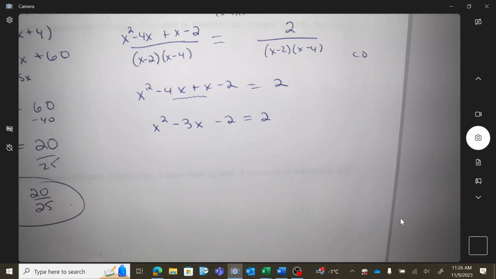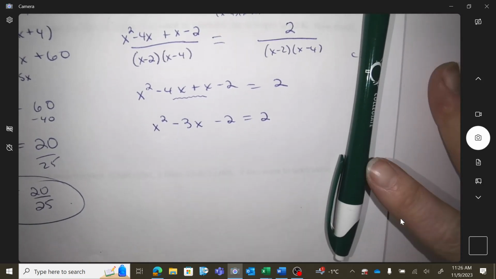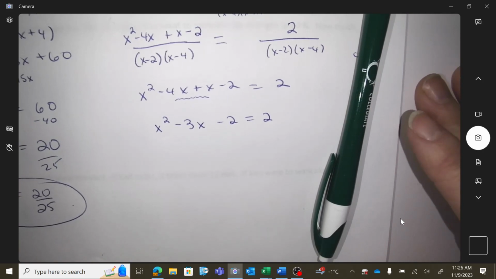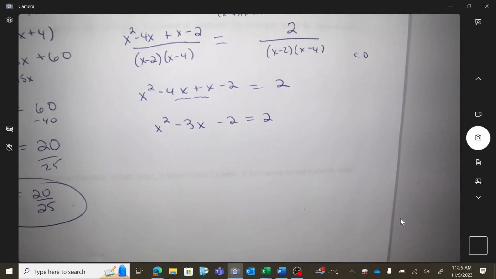For candy, if anybody can tell me what the big idea is on this equation. There it is. Did you hear it? Gotta be confident. Equals 0.